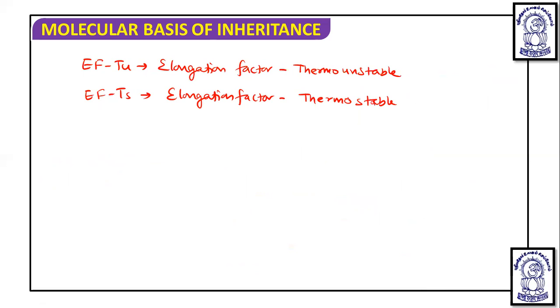Means EF-Ts is temperature stable, or at high temperature it is stable, whereas EF-Tu is thermo unstable, which can degrade. Now it has been found that in Escherichia coli, EF-Tu is the most abundant protein.